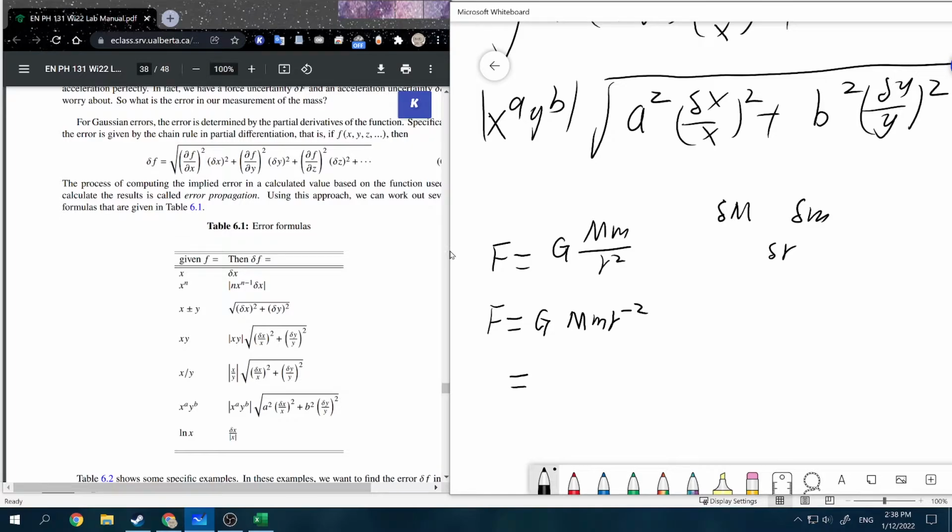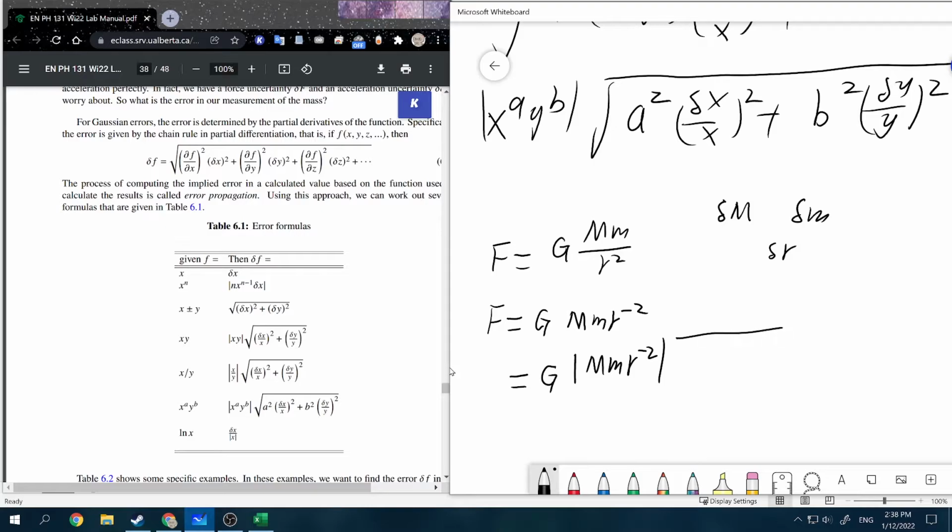Because g is a constant, you just leave g out, and then you just write m r to the minus 2, like that.